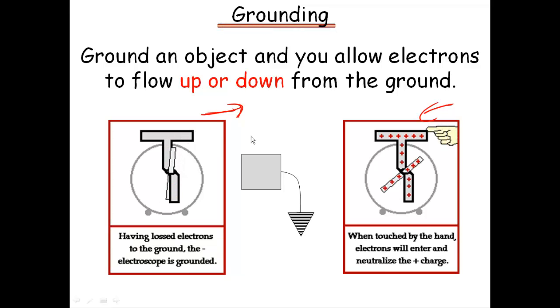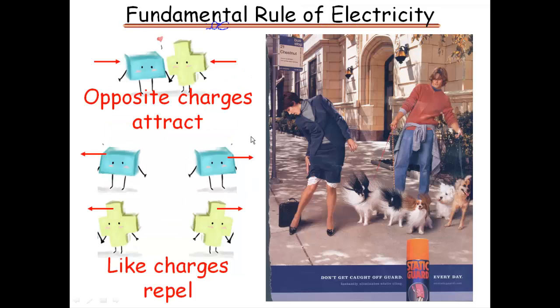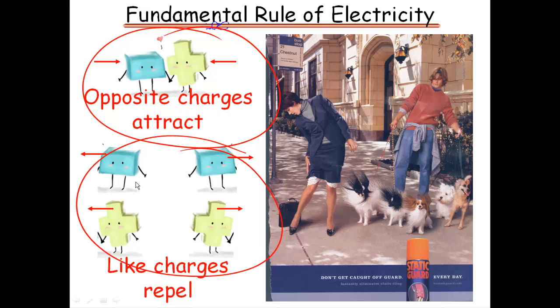Only electrons move. Why would they move? Well, very simply, because we know our fundamental rule that opposite charges attract. So electrons might be pulled to something that's net positive, so they're going to enter, or they might run away because it's net negative. So they want to get away from each other.